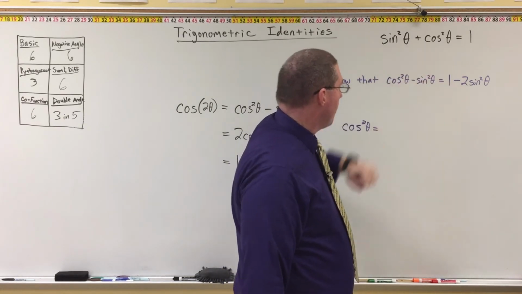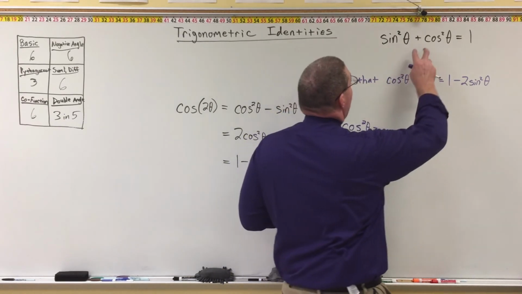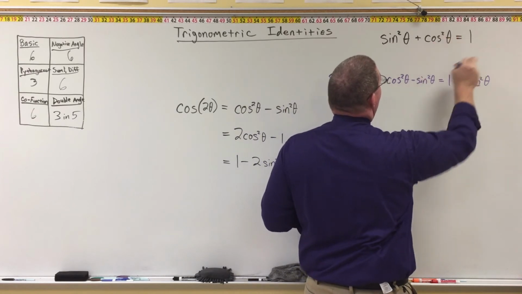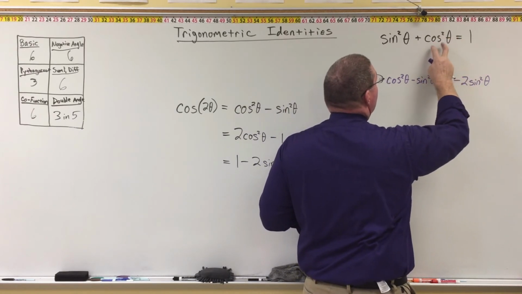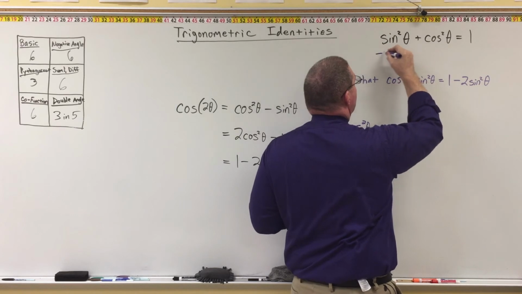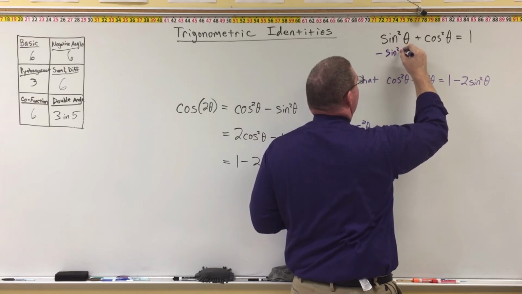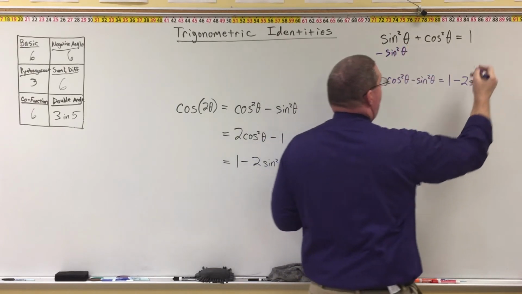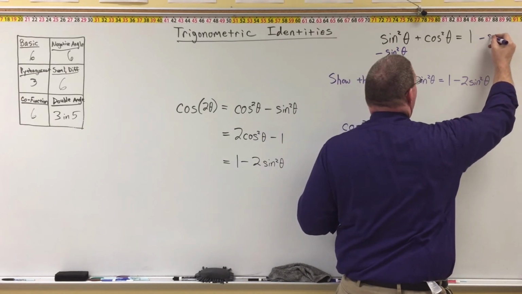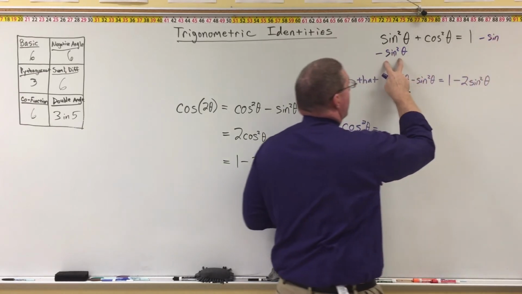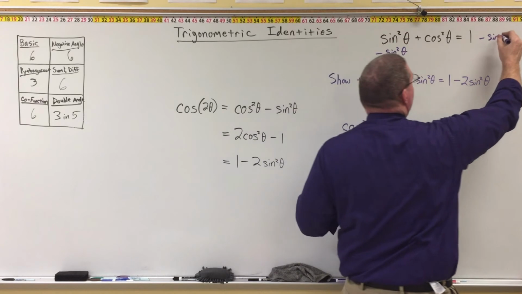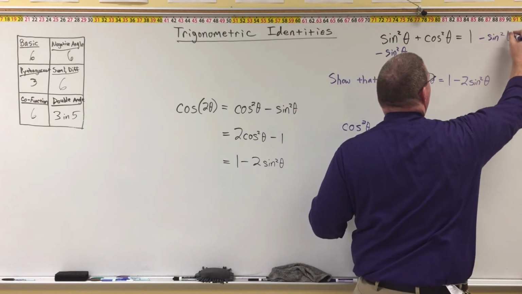So I'm going to use this Pythagorean identity right here, and I'm going to solve for cosine squared of theta. I can do that by subtracting sine squared of theta from both sides, right? It's algebra, so if I subtract something from one side, I have to subtract it from the other side. So minus sine squared of theta.